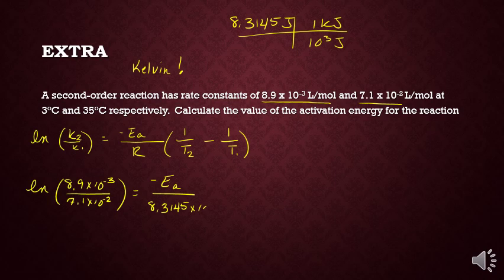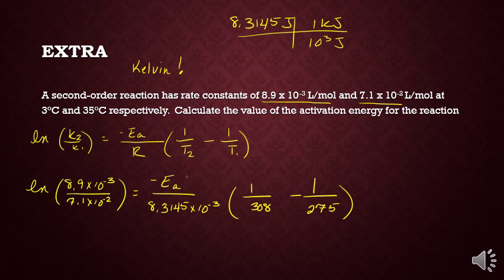So here we need 8.3145 times 10 to the negative third, parentheses, 1 over. This is where we need our second temperature, so that's 35 degrees Celsius, which means we take 35 plus 273 and end up with 308, minus 1 over 278. No, 275.